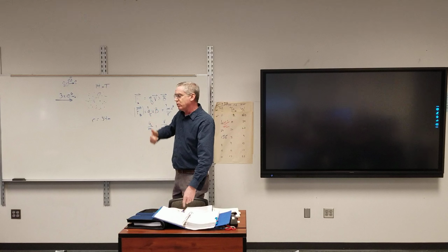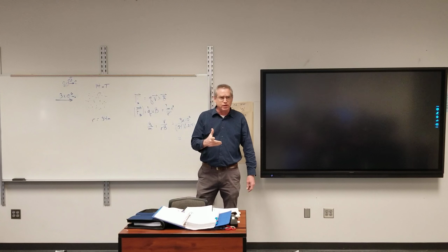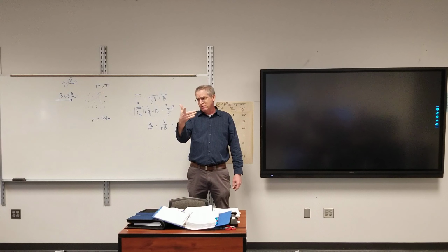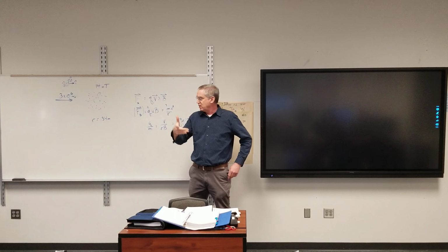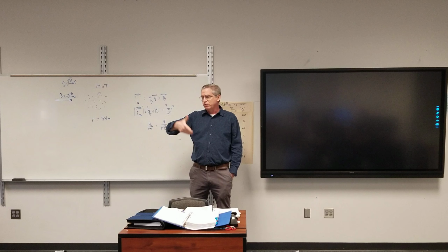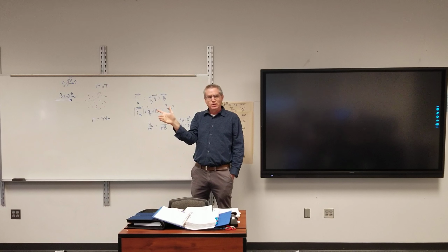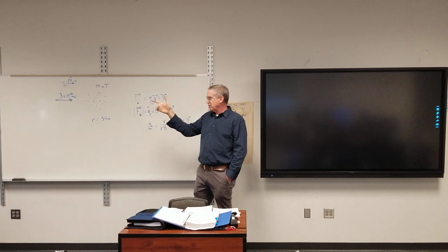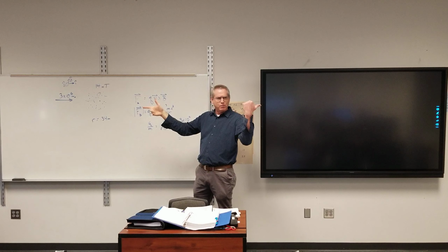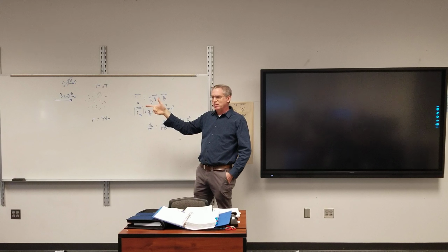I know the force is upwards, so let's pull out our right-hand rule here. Bullet comes out the barrel, fingers in the direction of the magnetic field, thumb in the direction of the force. The force is up, in my scenario here, the magnetic field is out. So that means the particle is moving that way. However, I know the particle is moving that way. So what does that tell us about the particle?